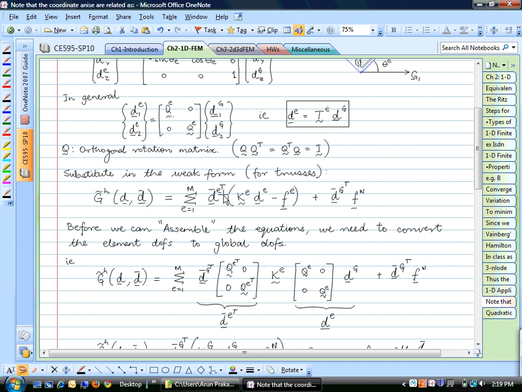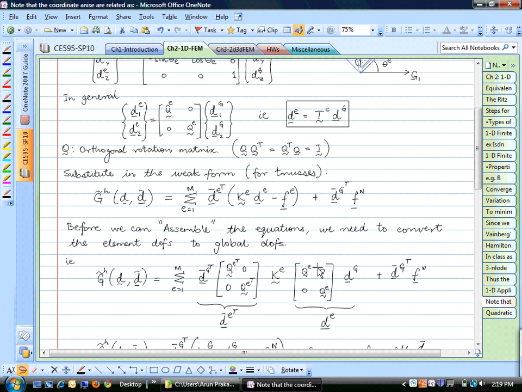So all I'm going to do now is substitute this equation right here into the formula for each element. What I will have is d global transpose times this t transpose, the transformation matrix transpose, times the same element stiffness matrix right here, and dE, where dE is also t times d global.